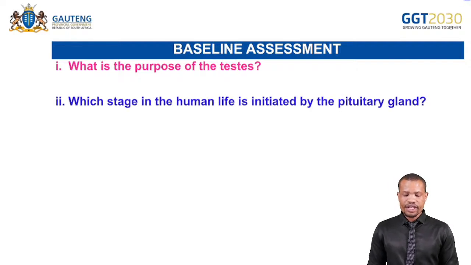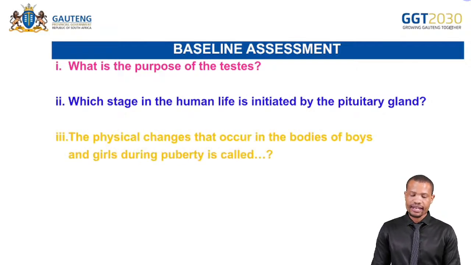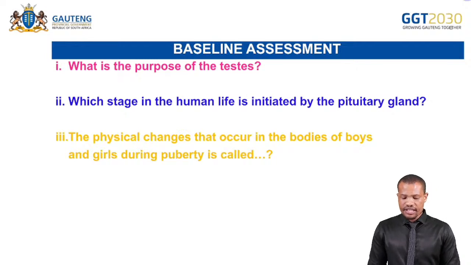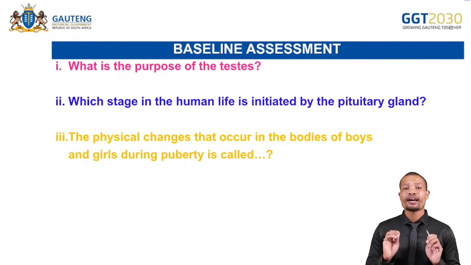Question 2, which stage in the human life cycle is initiated by the pituitary gland? And lastly, the physical changes that occur in the bodies of boys and girls during puberty is called, so you need to fill in what's missing there. Right, you have 3 minutes to work on these 3 easy questions and your time begins now.